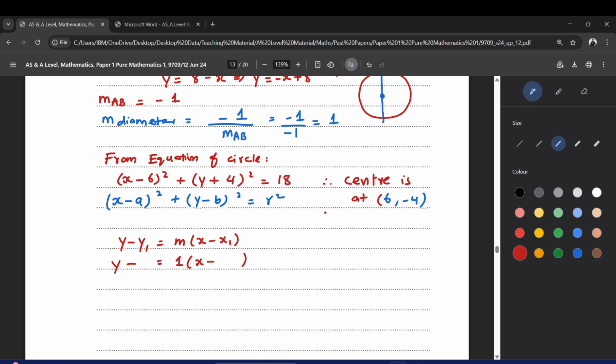Your y coordinate is minus 4, right? So this should be y minus 4. So this becomes y plus 4. As for this one, this becomes minus 6. So here we have x minus 6 minus 4. Therefore, your equation will be x minus 10. Y equals to x minus 10 is the equation of the diameter.